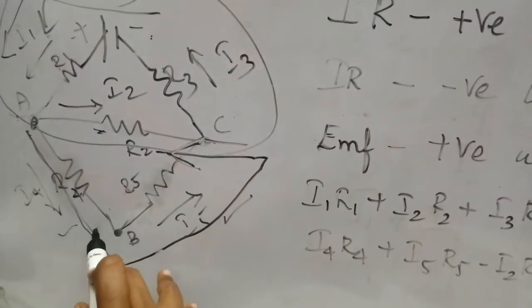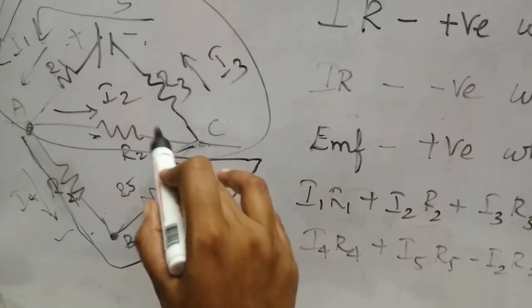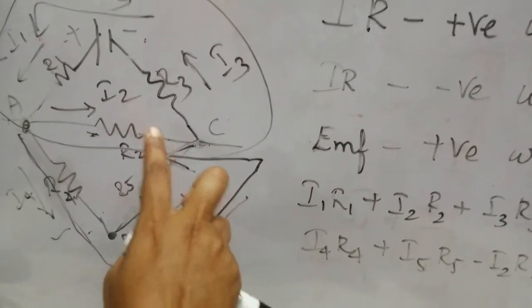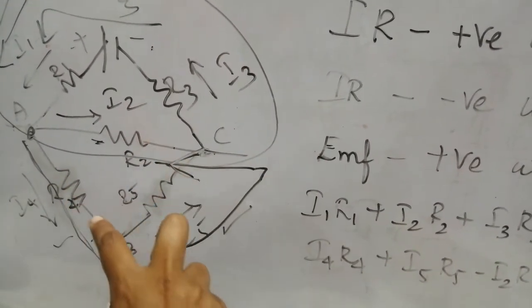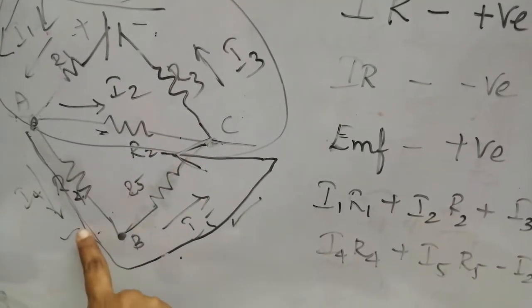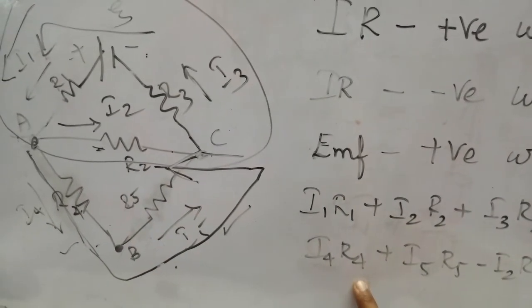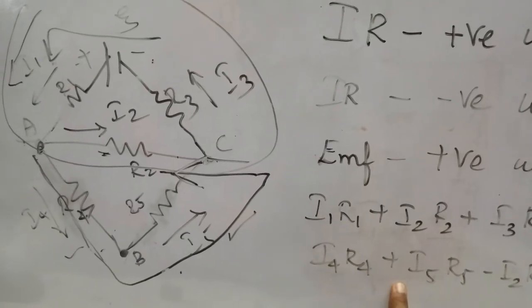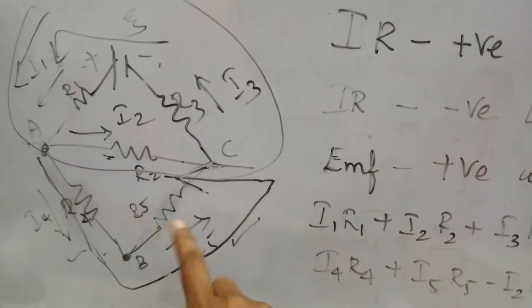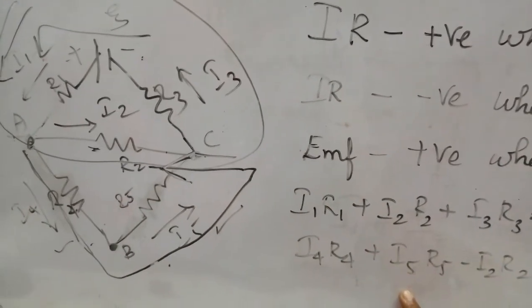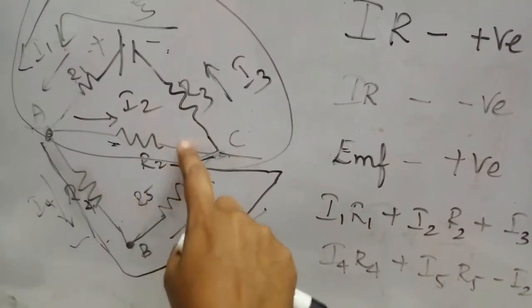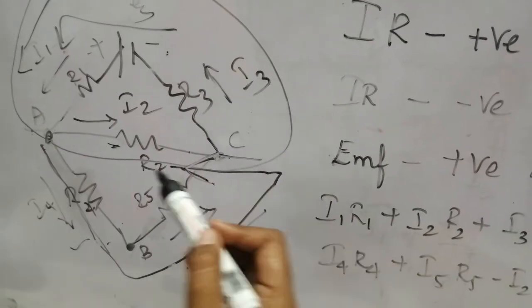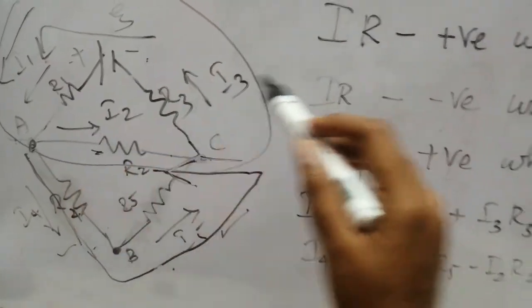So this voltage plus this voltage plus this voltage should be equal to the EMF connected in this part. Voltage is I into R, so it is I4 R4 plus this part of voltage I5 R5, plus this part of voltage, but here the direction is opposite, so it should be negative.